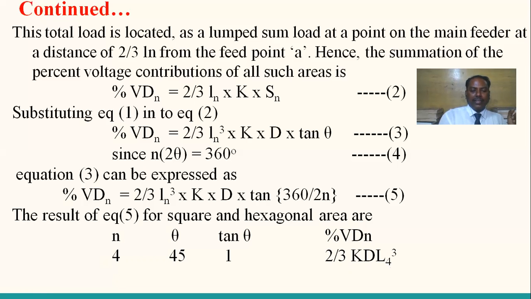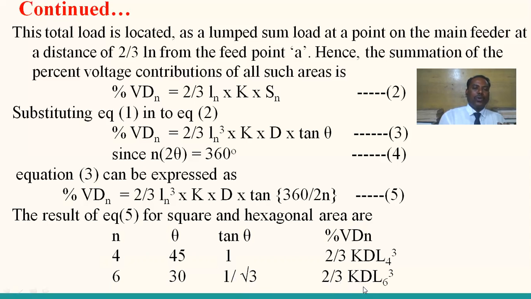Similarly, in the case of 6 feeders serving the power from the substation, the service area is equally divided into 6 parts of 60 degrees each. 60 degrees half is 30 degrees. So the angle is 30 degrees, and tan 30 is 1/√3, giving 2/3 k into d into L6 cube.